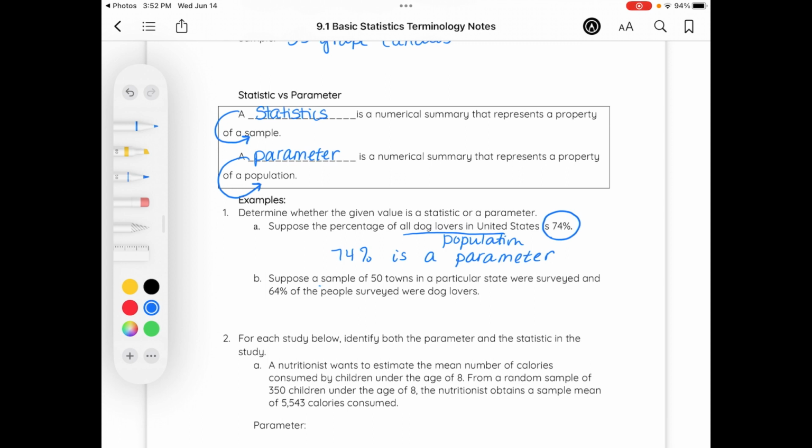Notice in part B, we have a sample of 50 town owners in a particular state who were surveyed, and 64% of the people surveyed were dog lovers. 64% of the people surveyed is a sample. Thus, of that sample, 64% is a statistic.